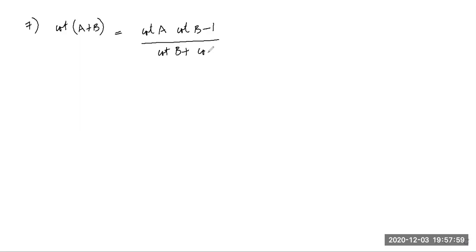And then the last ones are for cot, formula number 7. Well, that is cot of A plus B. That will be equal to cot A cot B minus 1 divided by cot B plus cot A. Right, here A, B, and this compound angle A plus B should not be multiples of pi.